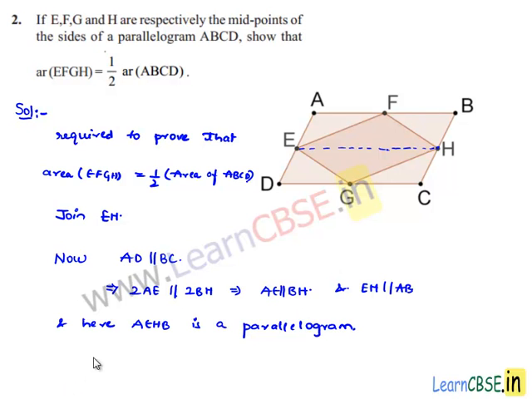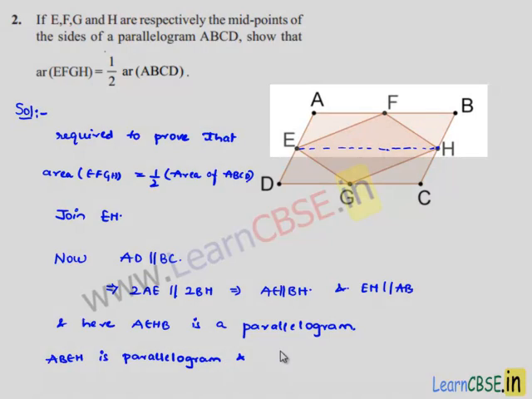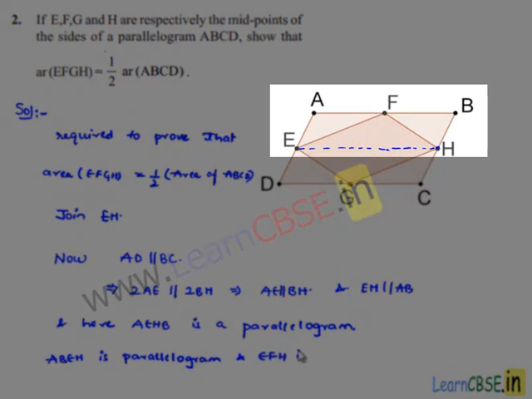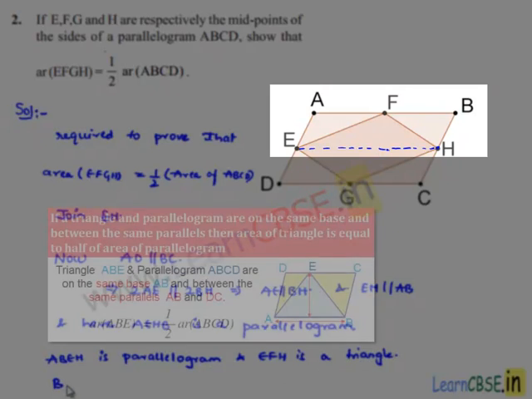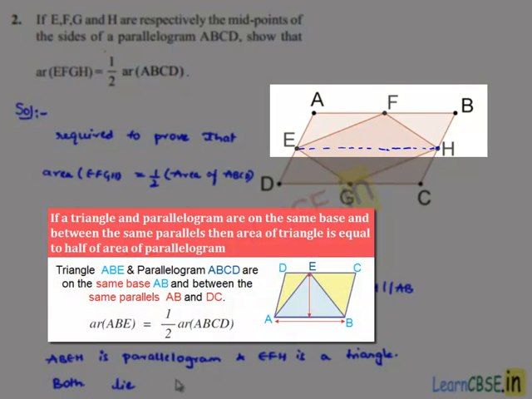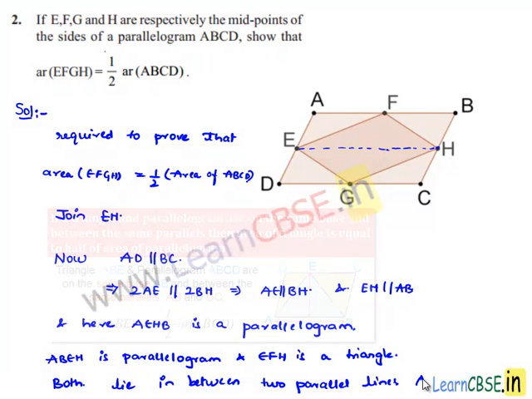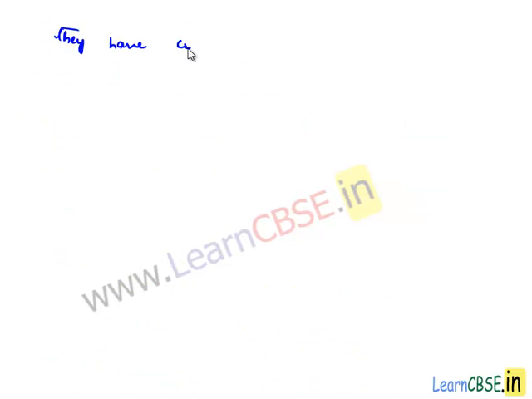Here we consider ABEH as a parallelogram, and EFH is a triangle in it. Both the parallelogram and the triangle lie in between two parallel lines AB and EH, and they have a common base EH.